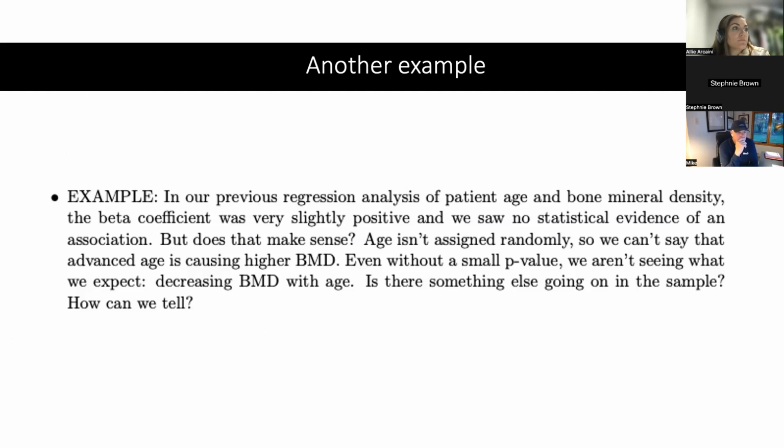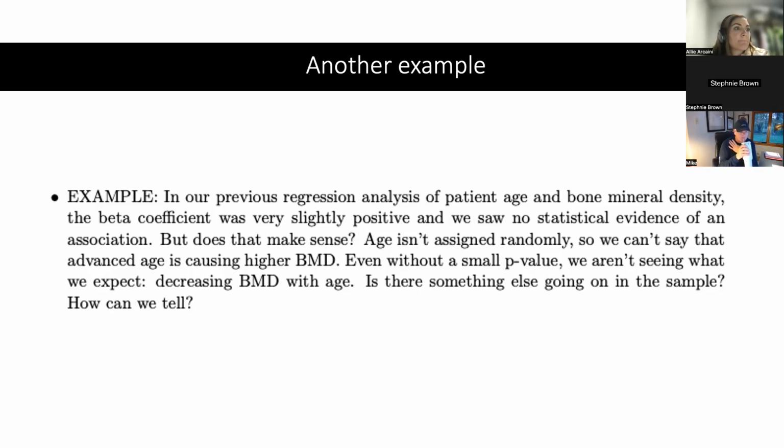If you remember in week 6, we weren't live, but you watched a video where I used this example about looking at the relationship between a patient's age and their bone mineral density, which is important in osteoporosis. In that example, the beta coefficient was very slightly positive, which doesn't make a lot of sense because, again, osteoporosis, you're more at risk for that when you're older, and also when you're female.